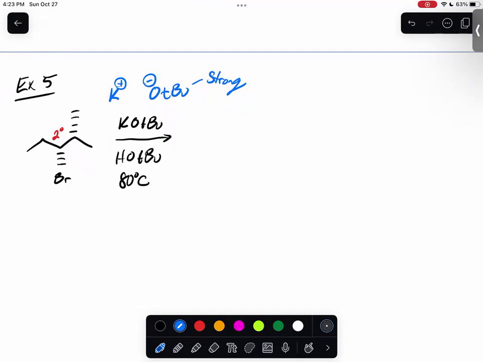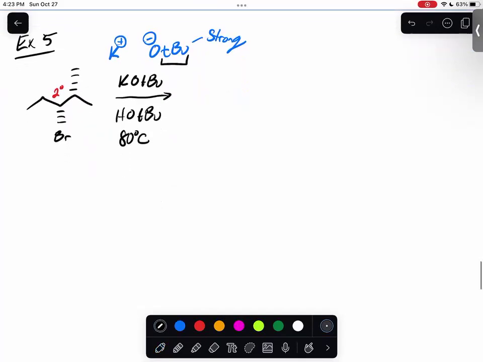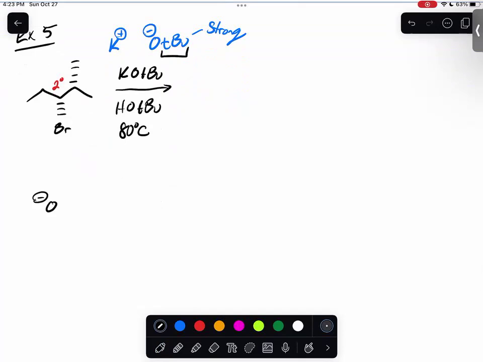But the thing here is if we look at what that tBu actually means down here, we would see that it is tert-butyl, right? And we know that SN2 is worse whenever it comes to bulky things. And looking at this, it has high steric bulk. So this is that scenario where looking at the steric bulk of the base or nucleophile can tell you that this is in fact going to be an E2 reaction.